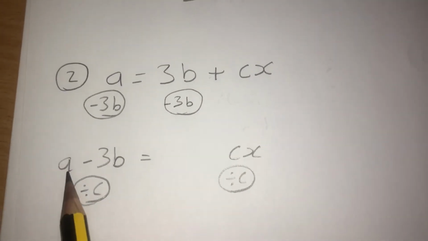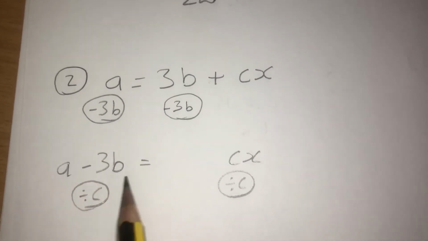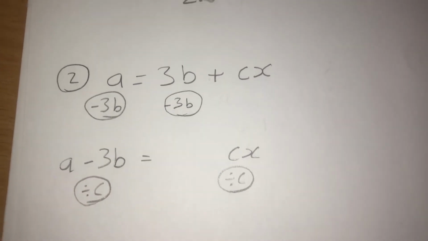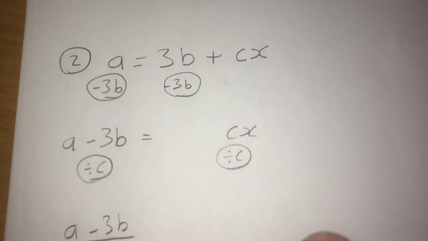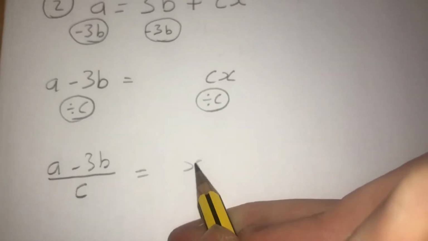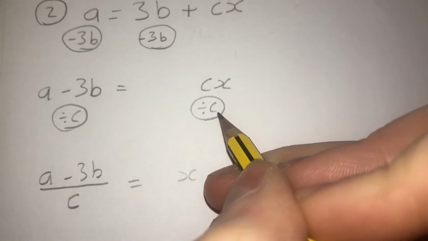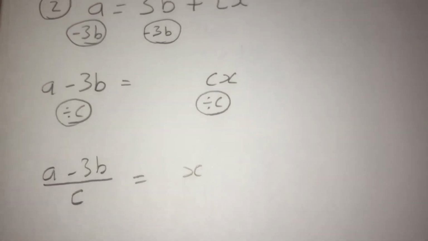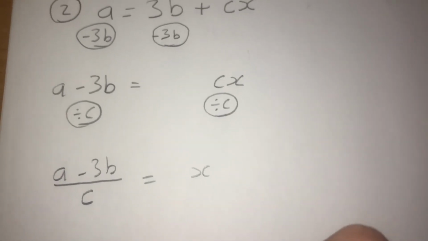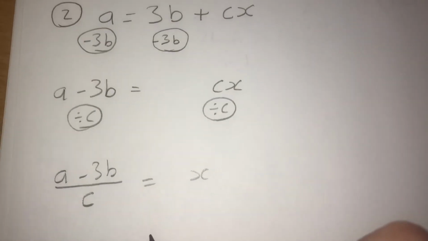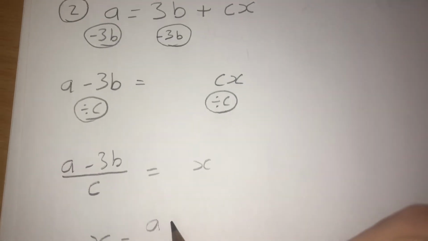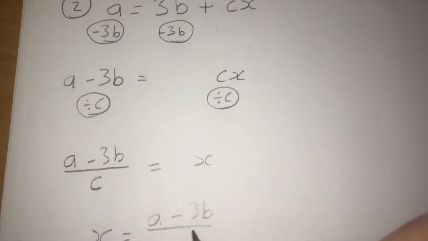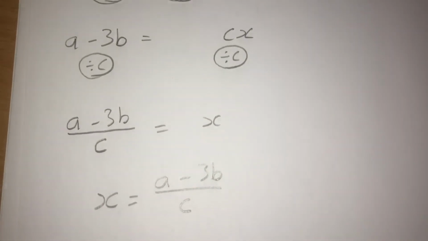So how we write that is a minus 3b all divided by c, so we write that as a fraction just like that, okay, is equal to x on its own, because c divided by c is 1x, which is just x. And again, like in previous questions, just swap the left and the right hand side around, so we have x on its own on the left, so it's a minus 3b all over c on the right.